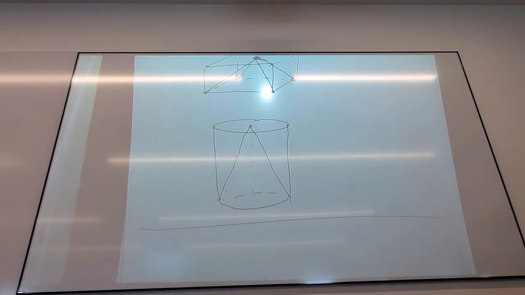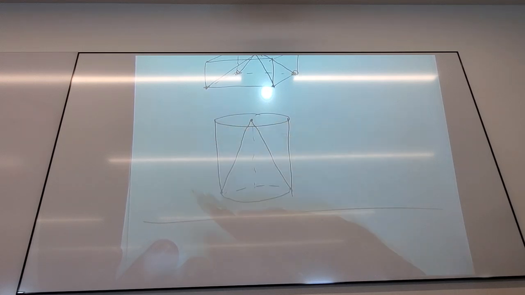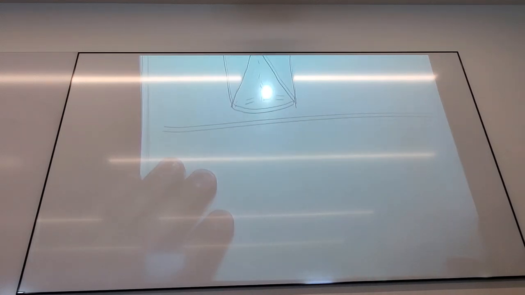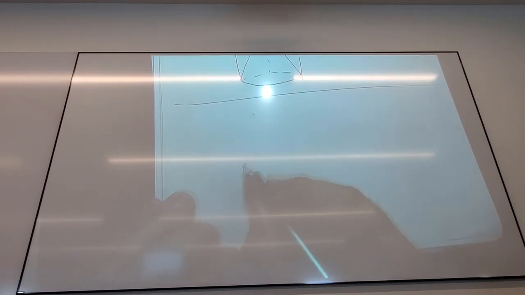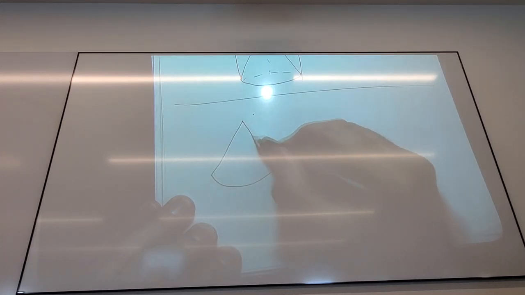Okay. So let's talk about the cone. This one's going to get a little tricky. So let me put some stuff in here. If you haven't drawn this for yourself, you want to draw it now. In fact, let me draw just the cone by itself.